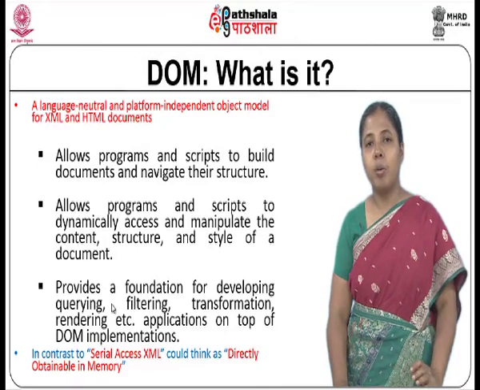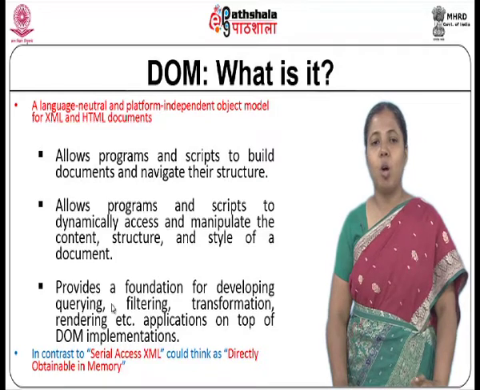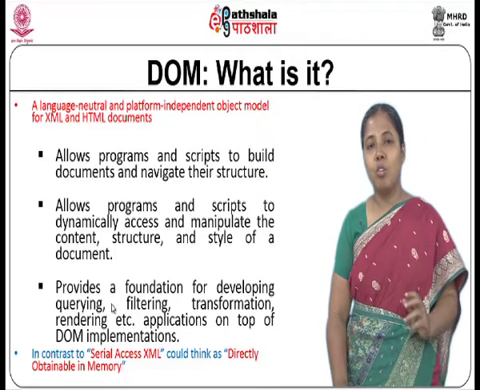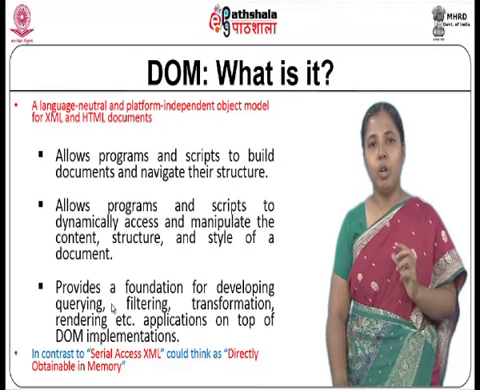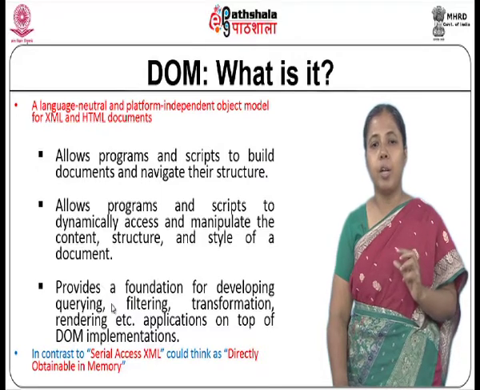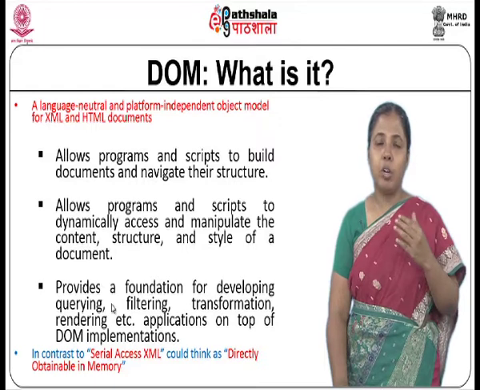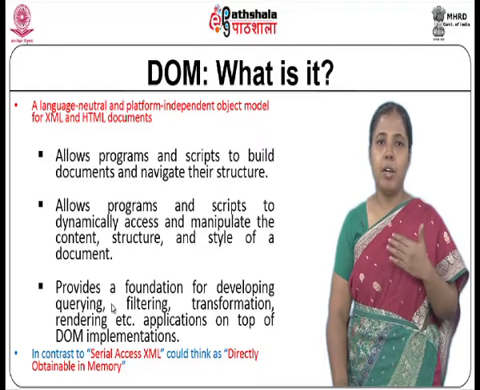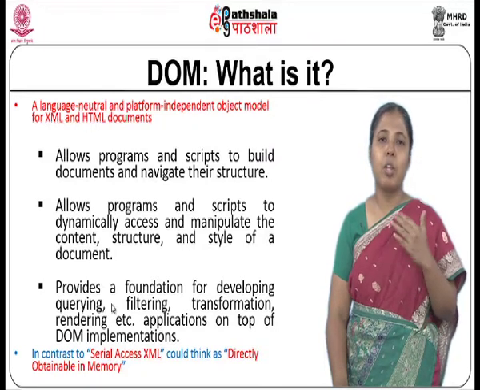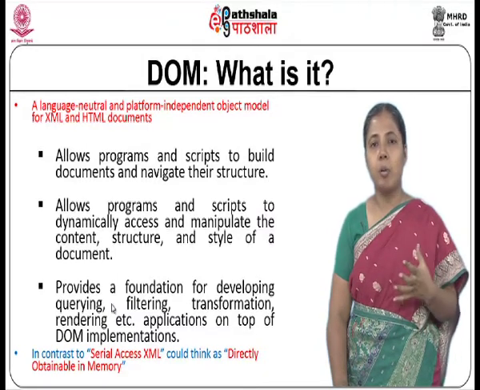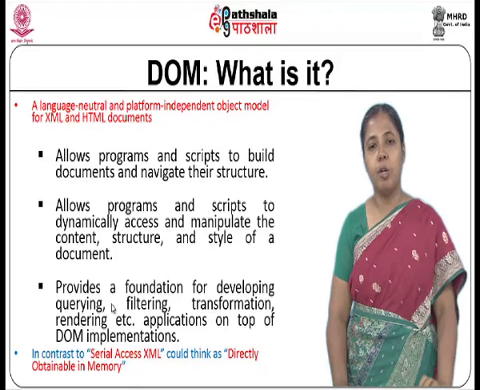And another name that is given for DOM is Directly Obtainable in Memory. So, instead of calling it Document Object Model, there is another name for DOM, Directly Obtainable in Memory, which means that you parse the entire XML document and store it in memory. Thereby, we provide a random access to the entire XML document.